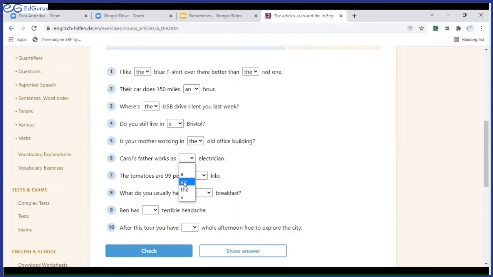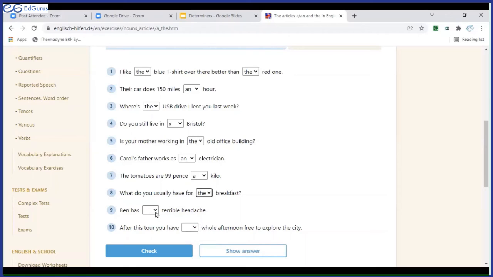Right, an electrician. The tomatoes are 99 pence dash kilo. A kilo. Okay. What do you usually have for dash breakfast? For the breakfast.